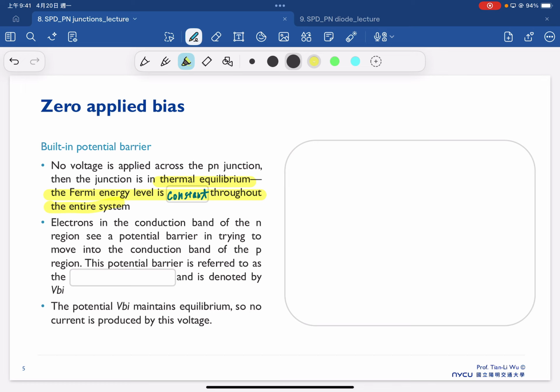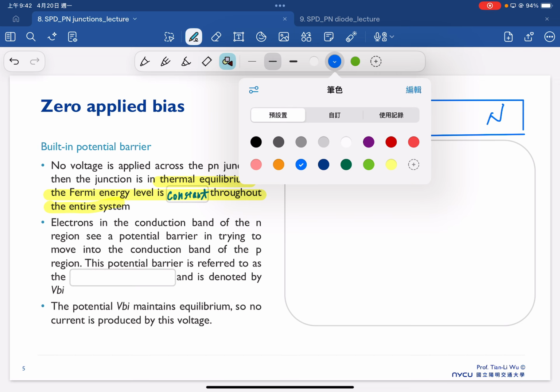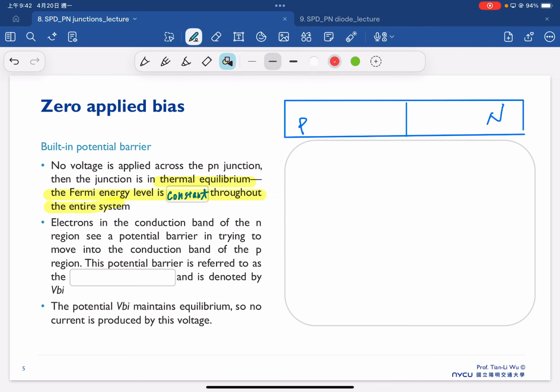So now if we look at the band diagram for this PN junction, we all know that once we connect the P and N, a space charge region will happen.